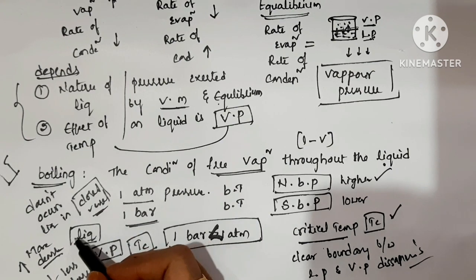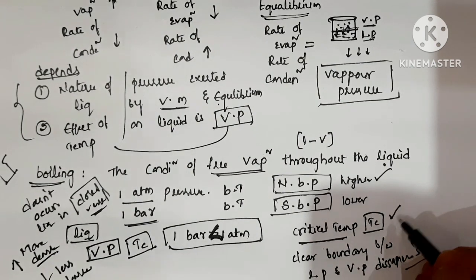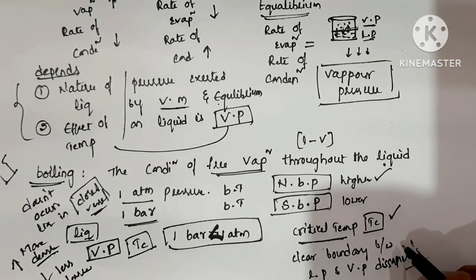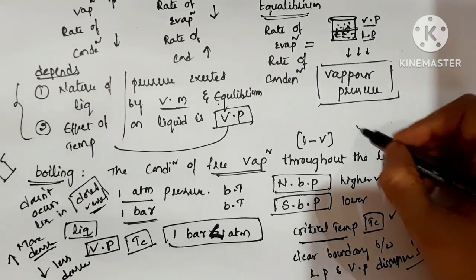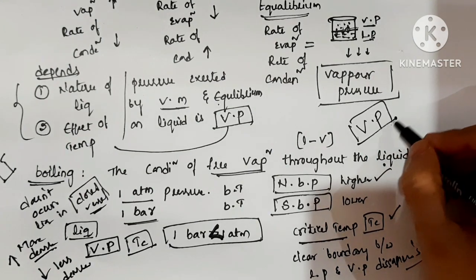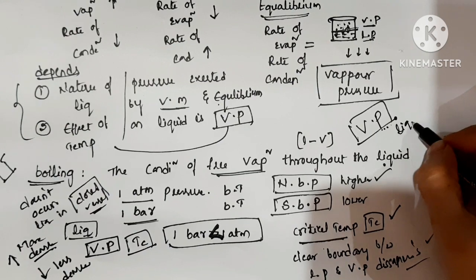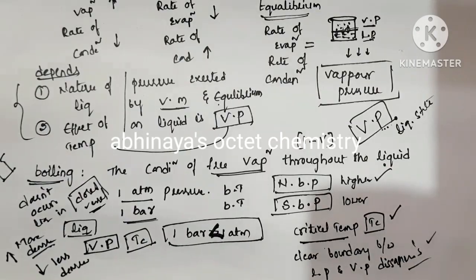The liquid phase is more dense and the vapor phase is less dense, right? So at the critical temperature, the clear boundary between the liquid phase and the vapor phase disappears. This temperature is called the critical temperature. This is all about vapor pressure. So vapor pressure is one of the physical properties of the liquid state. Thank you.